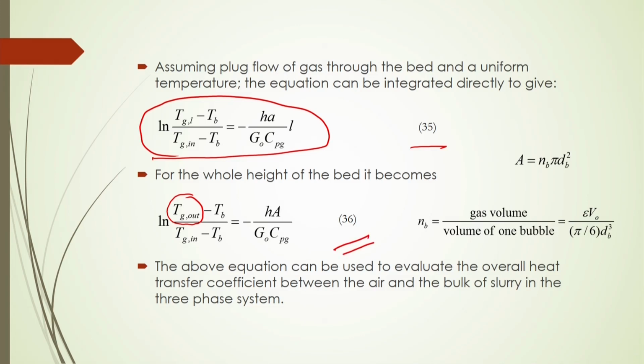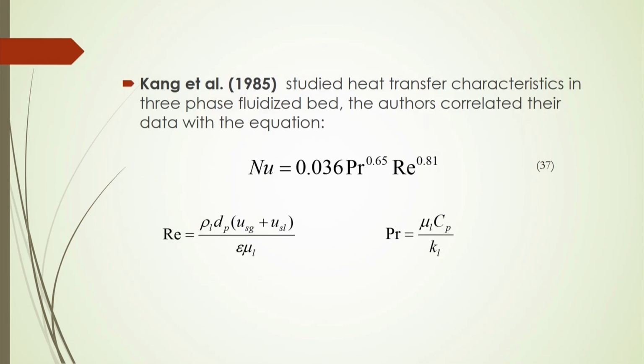In this case, A is the total surface area given by the bubbles, and N B is the number of bubbles, which will be calculated from the volume of the gas inside the bed and the volume of the bubble diameter. So, this equation can be used to evaluate the overall heat transfer coefficient between the air and the bulk of the slurry in the 3 phase fluidized bed.